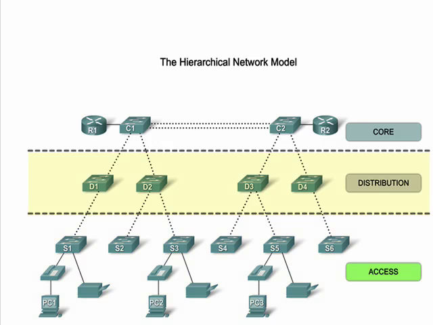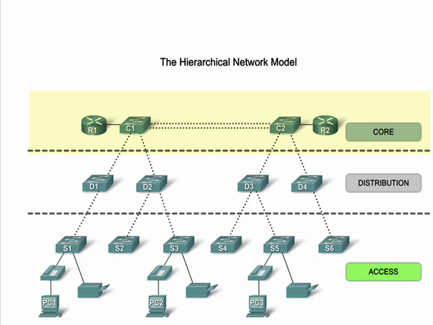The distribution layer serves as a consolidation point for access layer switches. When multiple IDFs are located throughout a building, uplinks from each of those switches terminate at a distribution layer switch. The distribution layer is responsible for policy enforcement and inter-VLAN routing. Finally, the core layer acts as the consolidation point for distribution layer devices and a high-speed, redundant network backbone.